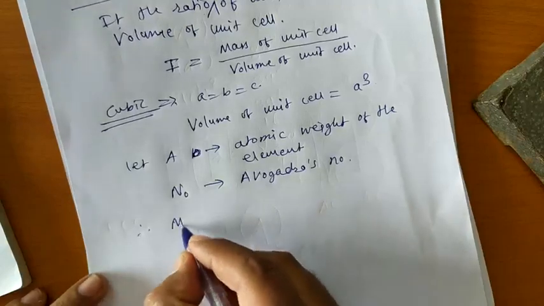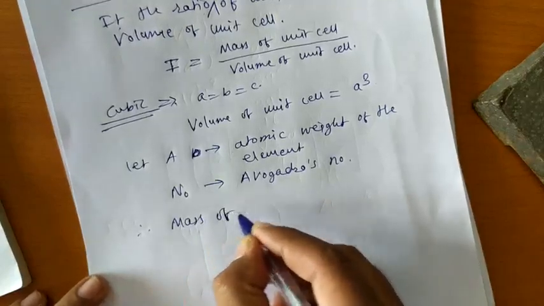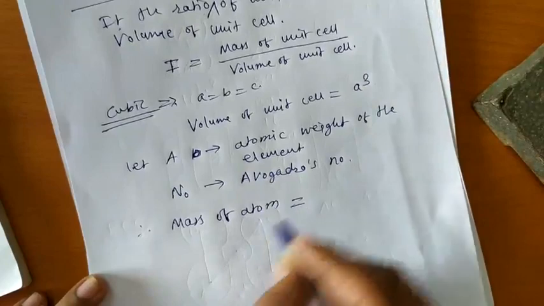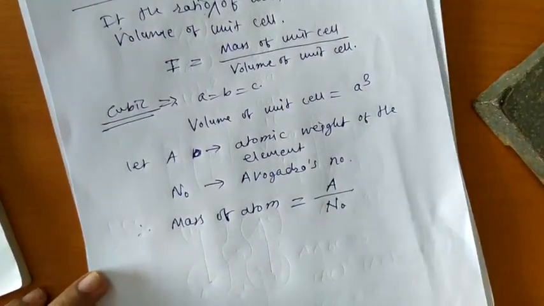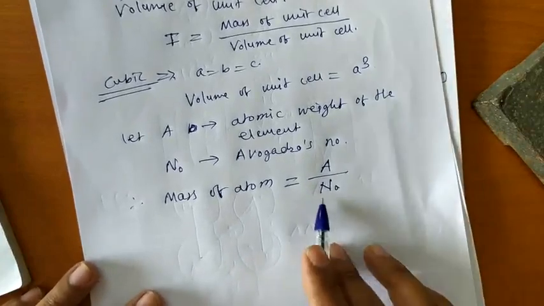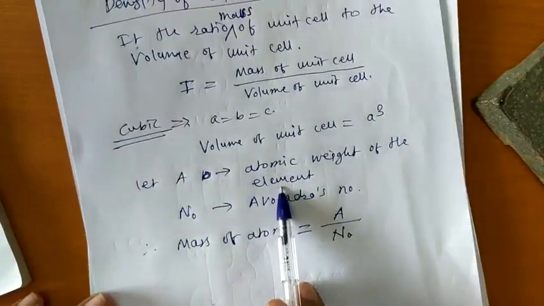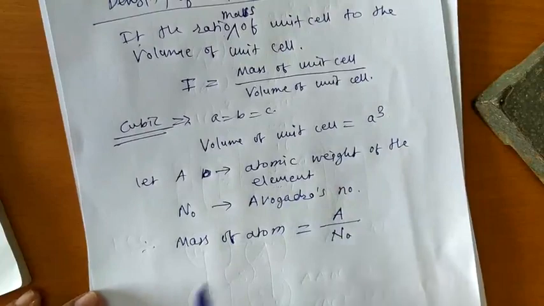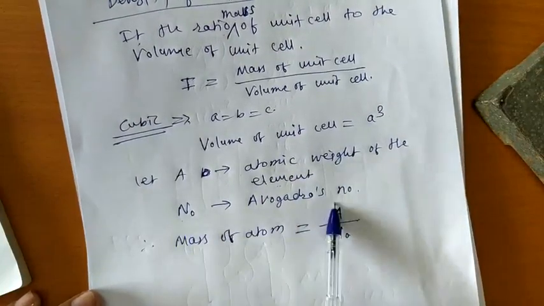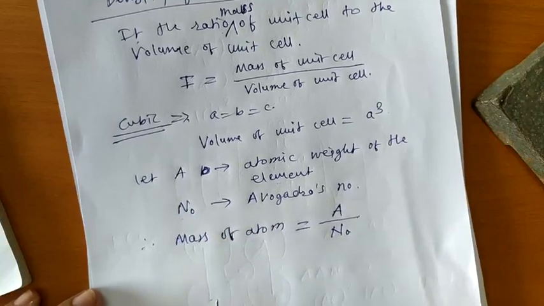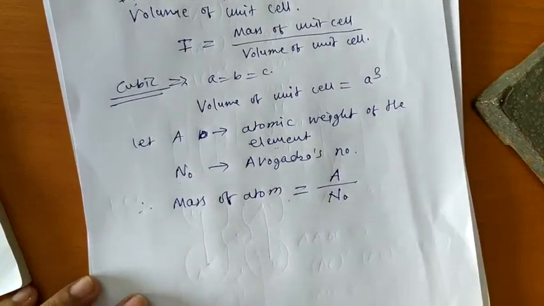Therefore, the mass of an atom can be expressed as atomic weight upon Avogadro's number. This A is the atomic weight of the element from which the crystal is made, and N0 is the Avogadro's number. Therefore, the mass of one atom is A upon N0.